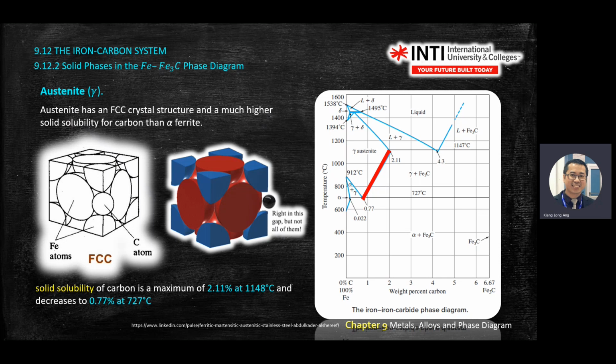It means you want to make an alloy. So if you want to make an alloy in the FCC stage, the maximum you can go is 2.1% of carbon at 1147 degrees C, so that you can mix. This is the maximum temperature that you can go, so that you can mix the carbon and get FCC crystal structure.